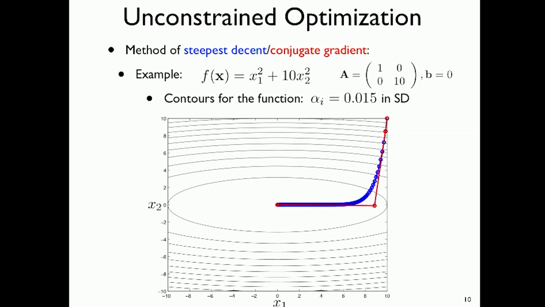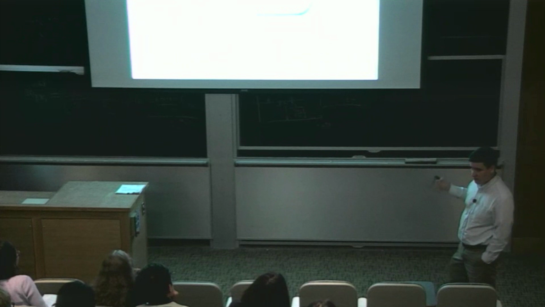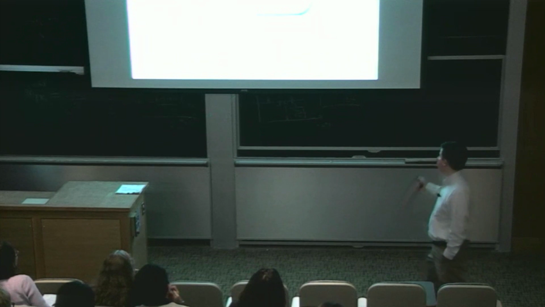That step size was reasonable as we moved along the steepest descent direction where the contours were pretty narrowly spaced. But as we got down to the flatter section of our objective function, those steps are really small. We're heading in the right direction. We're just taking very, very small steps.